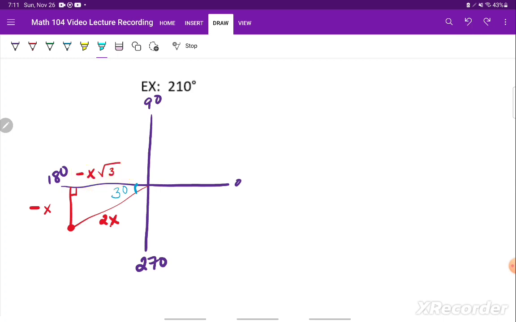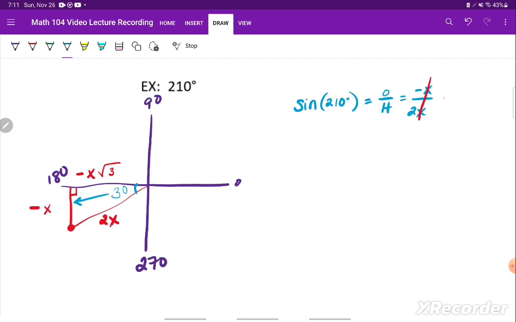Now that we have our triangle, we can just use our trig definitions to find the exact values. So sine of 210 degrees, that's opposite over hypotenuse. So opposite of the 30 degrees, that's going to be negative x over 2x. Let's cancel the x's out.